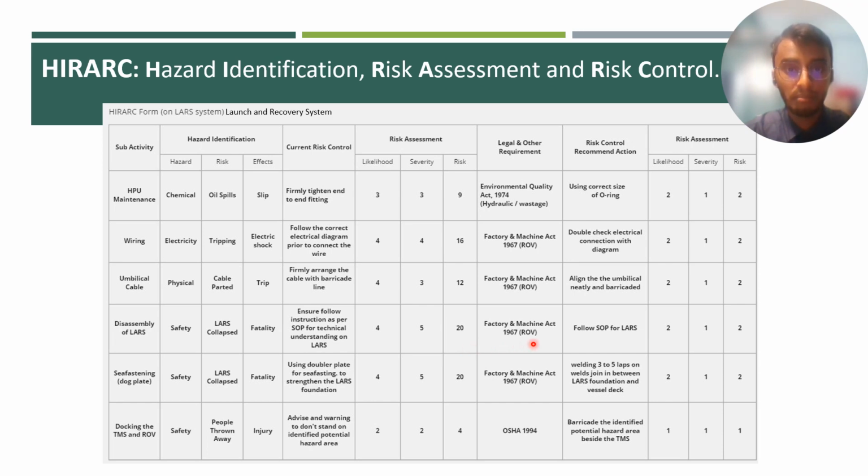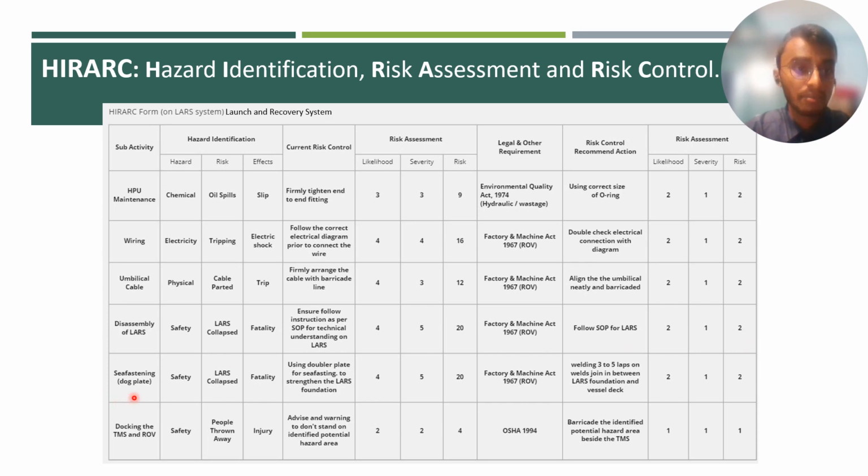Legal and other requirement for this activity is Factory and Machinery Act 1967 ROV, and the recommended risk control action is to follow SOP for the launch and recovery system. Risk assessment after the action taken is likelihood 2 and the severity is 1 and the risk calculated is 2.